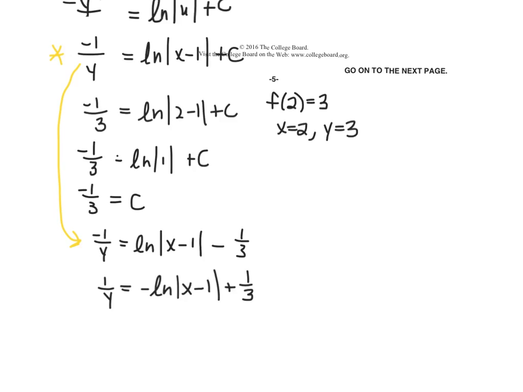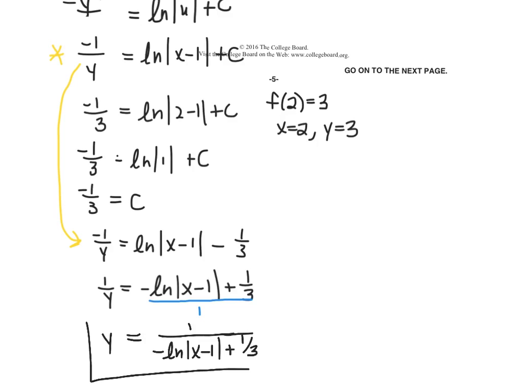And then at this point, there's a couple of things that you could do, but the easiest one that you might want to think of is I've got a 1 over y, which is the reciprocal of what I want. So I'm basically just going to flip the left side, and if I flip the left side, I have to flip the right side. So I have to think of this entire right side as over 1. So I'm just going to flip it and say, oh, it's y over 1 is equal to 1 over all of this. Ta-da! And that is the solution to the differential equation.